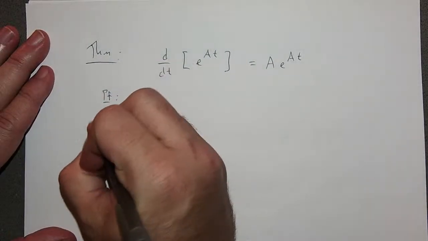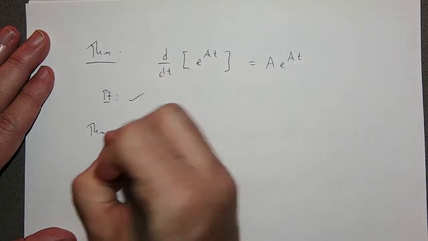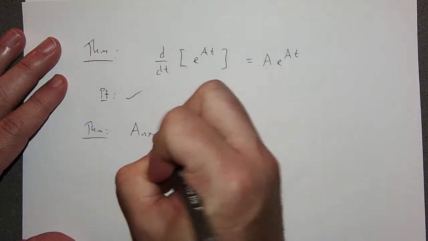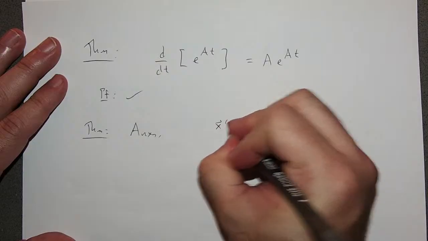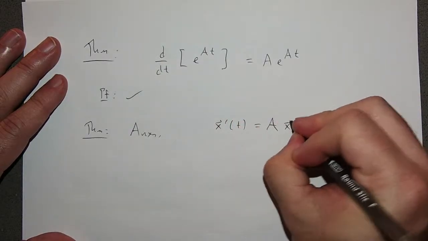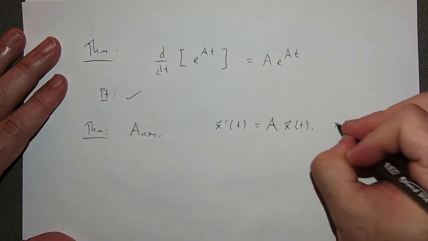And so the thing that we're actually interested in: A is an n by n matrix. Consider this differential equation with initial condition.